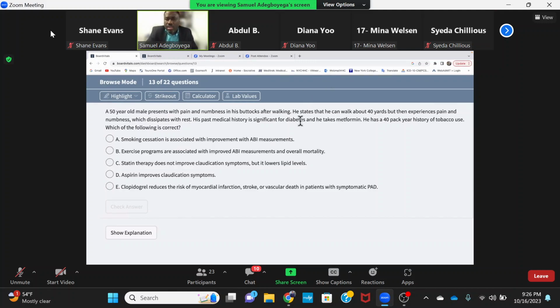The patient is diabetic, is taking metformin, and he smokes, 40 pack-years, history of tobacco. So the question is, which of the following is correct? Smoking cessation is associated with improvement of ABI, true or false? False. Exercise program will improve the ABI. Nope. Statin therapy does not improve claudication.